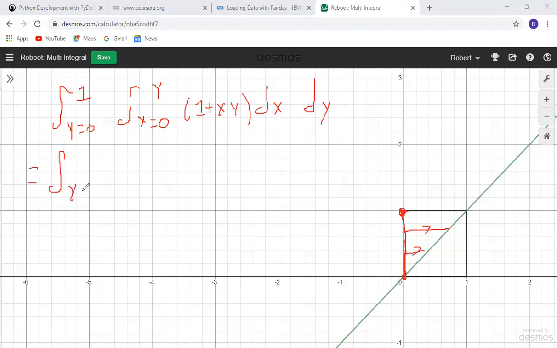And again, we just do the inside integral and ignore the outside integral. So the antiderivative of 1 plus xy with respect to x is x plus x squared y over 2, and this is x going from 0 to y.